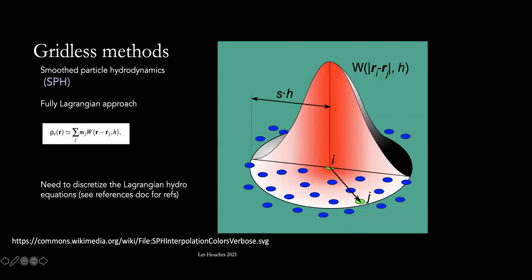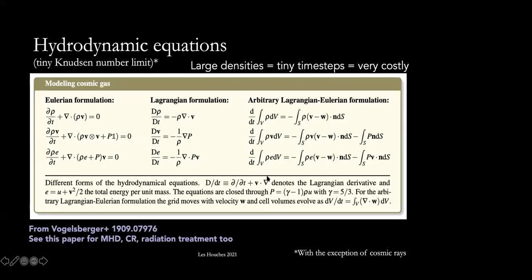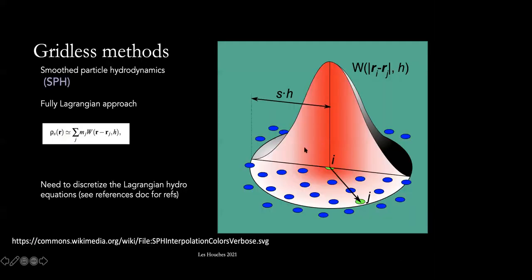There are basically two very common approaches and a third, becoming more common, approach to solving the hydro equations. One is a set of gridless methods, the most common of which is the smooth particle hydrodynamics approach, where you view each simulation particle as sort of like a tracer.